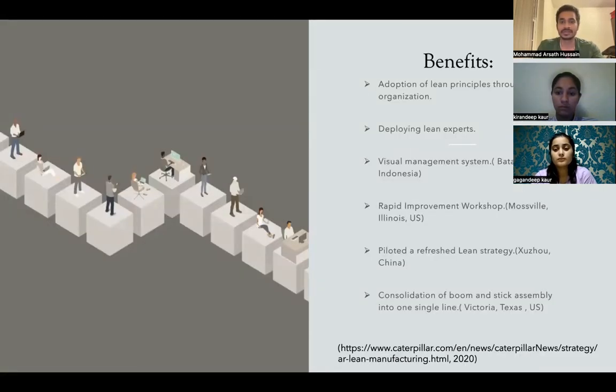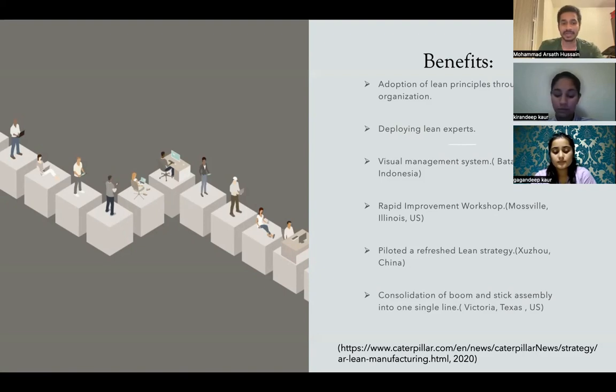Some of the benefits of lean when it is adopted into an organization: adaptation of lean principles throughout the organization, implementing lean through the work culture by extending it to the members, deploying lean experts, enhancing everyone's capacity for problem solving, and assigning lean specialists to mentor teams throughout the entire firm.